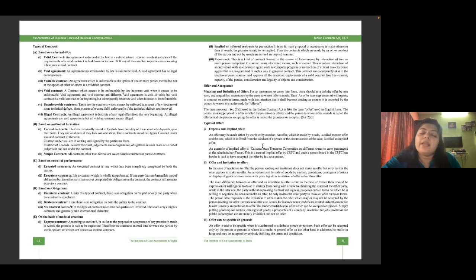Supposing when we are buying railway tickets, there are so many people who are buying plane tickets on a daily basis. There are so many people who are buying railway tickets on a daily basis. So in such cases, when it comes to buying tickets, at the end of the day, since they are also contracts, railways or airlines will not sit down with each and every party to negotiate a contract with them.